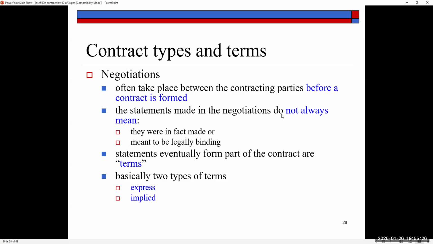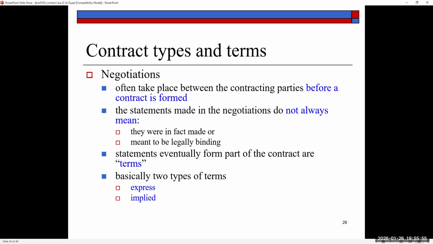Statements made in negotiations do not always mean they were in fact made or meant to be legally binding. So take the same example, 1 million for maintaining this building for a year. The contractor may quote 1 million. The employer may say, oh, it's too expensive, 0.99 million. Then the contractor may say, oh, it can't be 0.99.